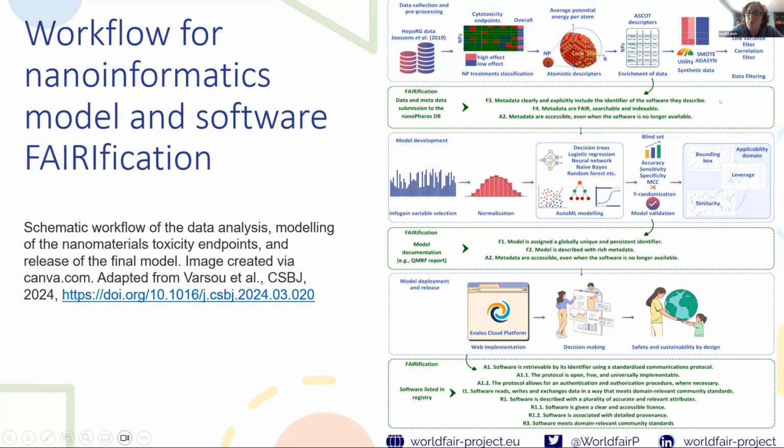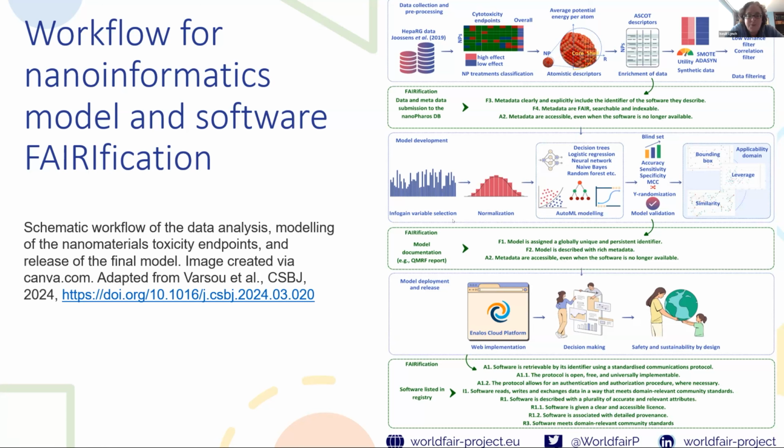And critically, all of those steps need to be documented and described so that if somebody else is reusing the data, they can track back the provenance of that data, whether it was from an experiment, whether it was from computational enrichment, whether it was from interpolation or synthetic approaches, and what data was removed and why. So all of that documentation is critical. The next step then is the model development.